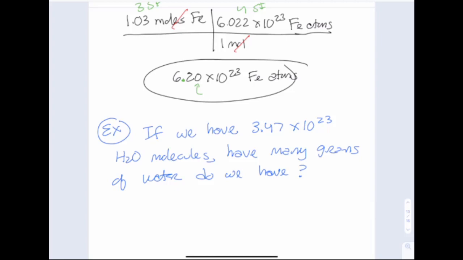So if we have 3.47 times 10 to the 23rd water molecules, how many grams of water do we have?